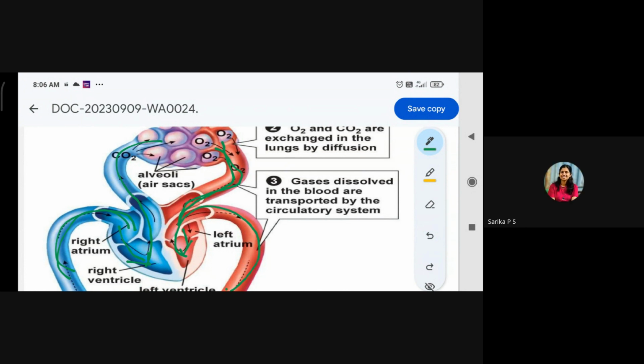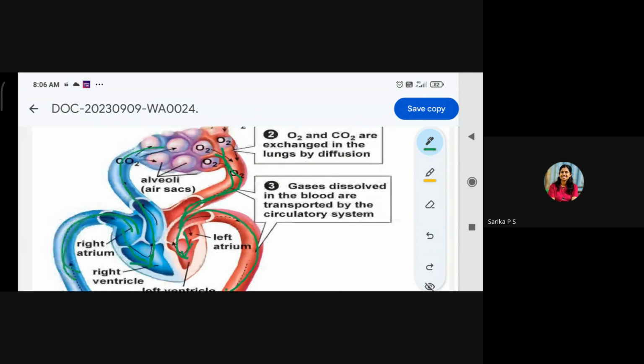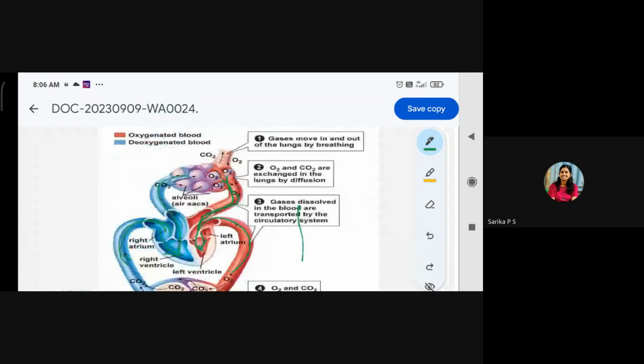Okay, so this was the concept I was trying to tell you, and it has been described in this picture. I hope you got the concept of artery and vein.